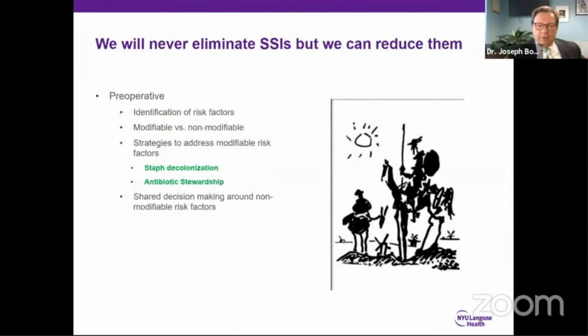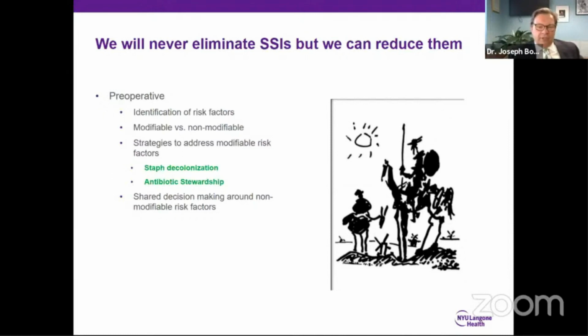So in general, just to come to a conclusion here, it's all about decolonization, and adjusting your antibiotics to the pathogens that affect your patients, including the type of pathogens, the geographic location of the surgery, and the minimal inhibitory concentration.